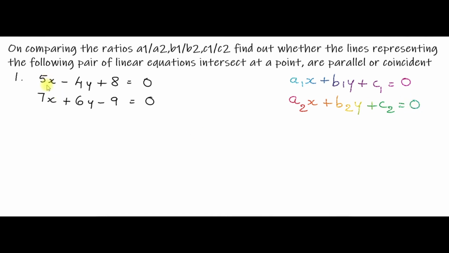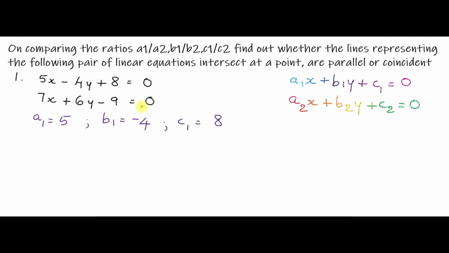This is your first question: 5x minus 4y plus 8 equal to 0 and 7x plus 6y minus 9 equal to 0. First you have to identify the coefficients a1, a2, b1, b2 and c1, c2. Here a1 equal to 5, b1 equal to minus 4 and c1 equal to 8, from the first equation.